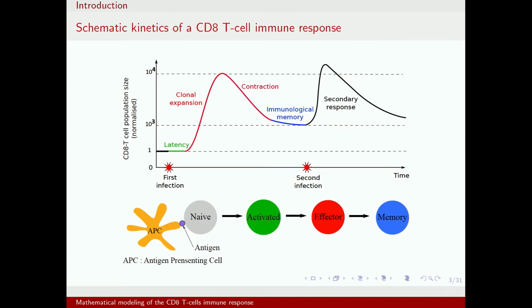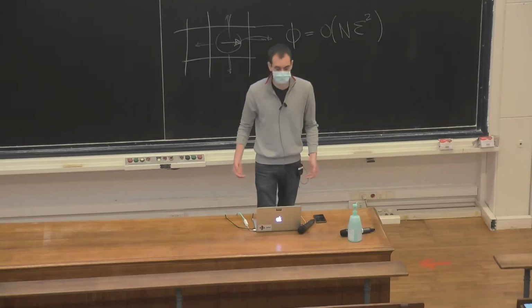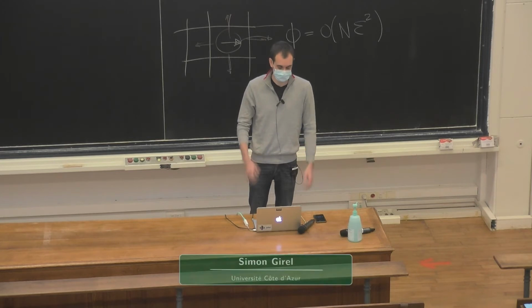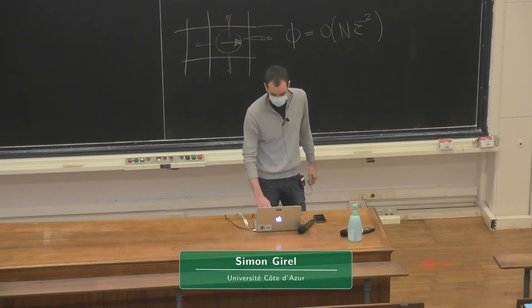And some of them differentiate in memory cells that will survive for months or for years in the organism to protect him more efficiently in case of new infection by the same pathogen. That's what we call the immunological memory. And eventually the second response if the same pathogen is encountered again.